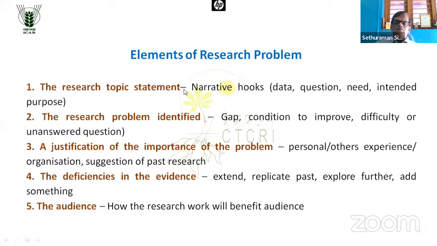The second one is, you are going to a field and you identify that the farmers do not have any idea or any knowledge about the particular variety. The university has promoted this variety for 5 years, but still in some villages or some areas, farmers don't have any knowledge about the particular variety.